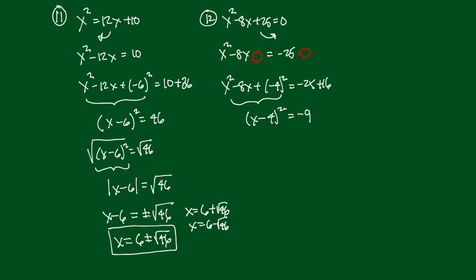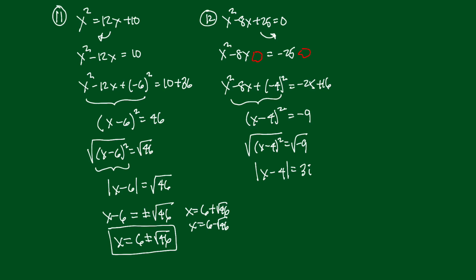So we're going to get i's here. So take the square root of each side. On the left side, the square root of the square is the absolute value. So I get the absolute value of x minus 4 equals, now I've got a square root of a negative number, so bring the i out, and the square root of 9 is 3. This one happens to simplify nicely.